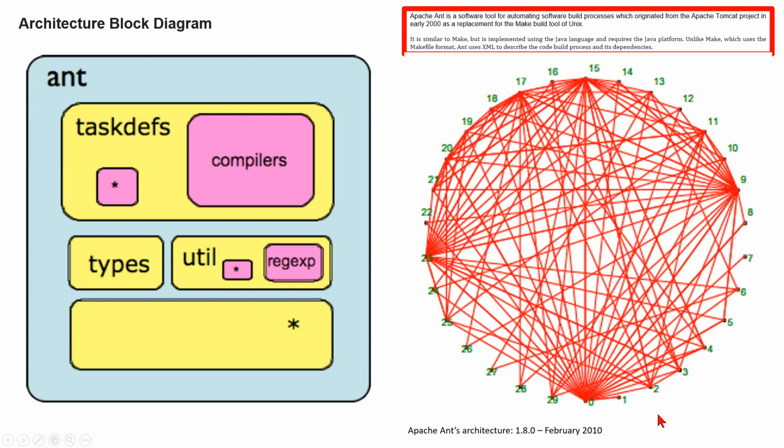Here you can see Ant version 1.8.0, released in February 2010, in Apache Ant's architecture. Here the points represent packages, and lines represent use of dependencies between two packages.